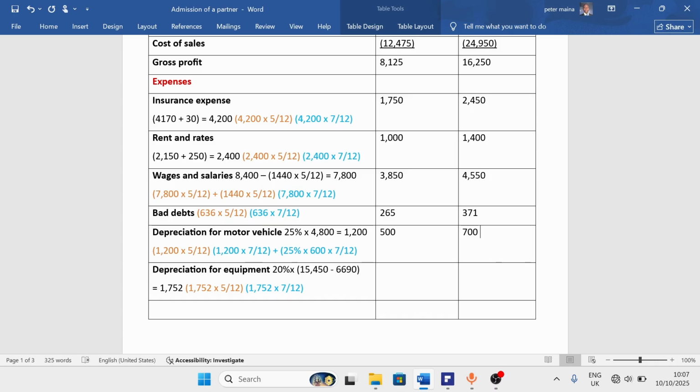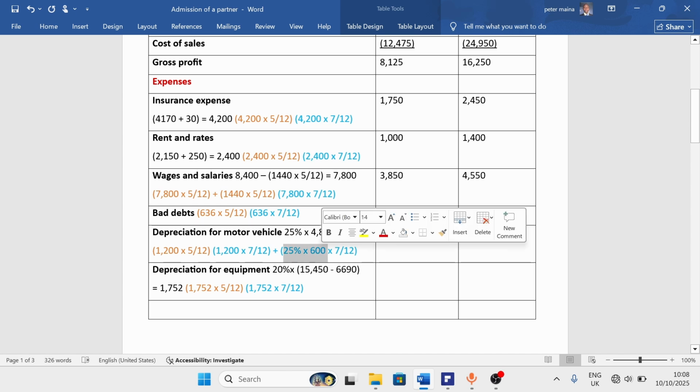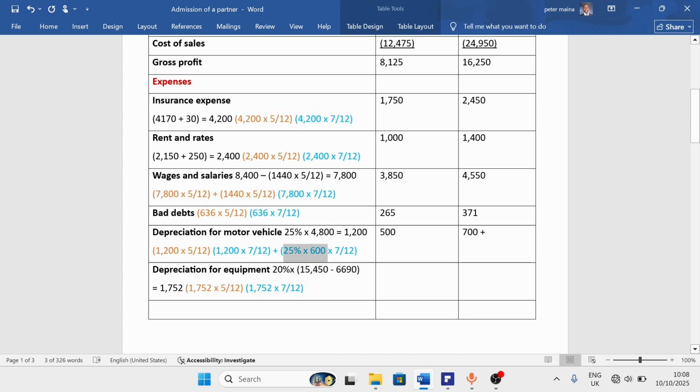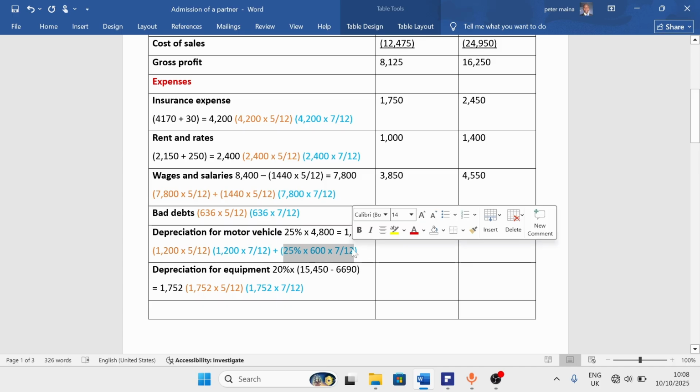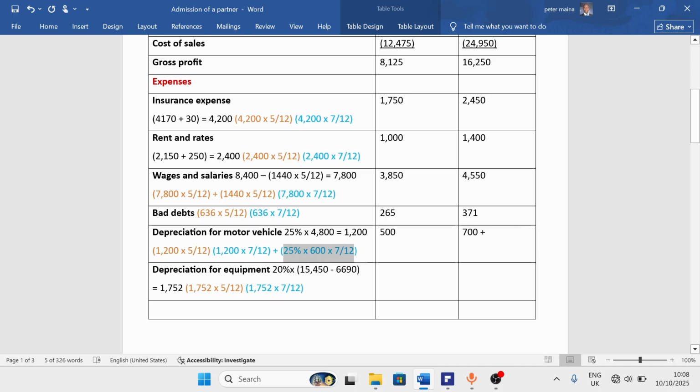So to the 700, you add depreciation for the motor vehicle that was introduced by Carol. Remember the cost was 600. If you take 25% of 600, it will give you depreciation for the whole year, but the motor vehicle stayed in the business for 7 months only, up to the end of the current financial year. So we will take that depreciation and apportion it according to time as well.